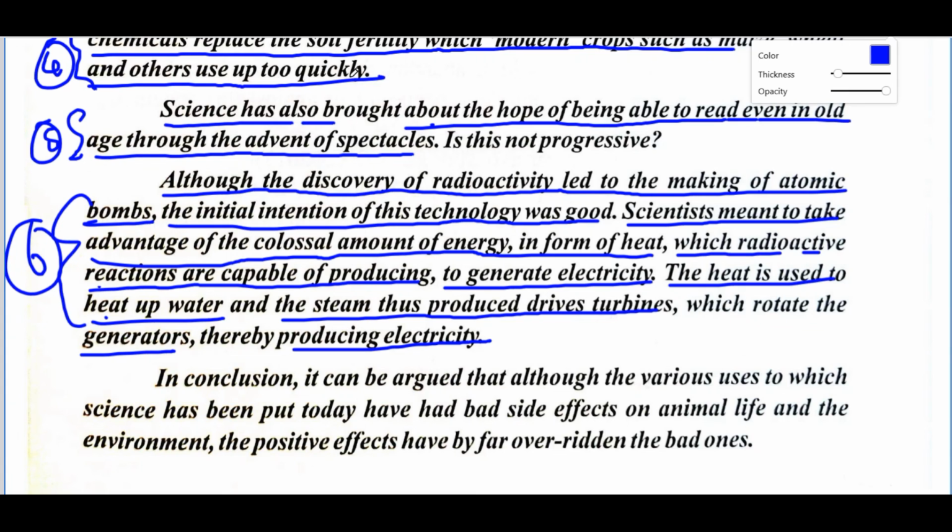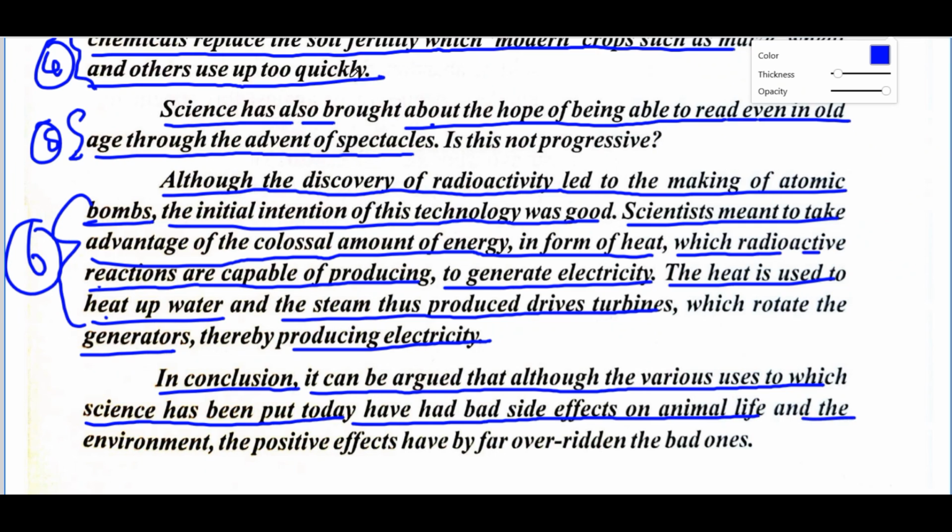Then let's look at the conclusion. As you are giving a conclusion, make sure that whatever you write in the conclusion is in line with your stance. So you can say, in conclusion, it can be argued that although the various uses to which science has been put today have had bad side effects on animal life and the environment, the positive effects have by far overridden the bad ones.